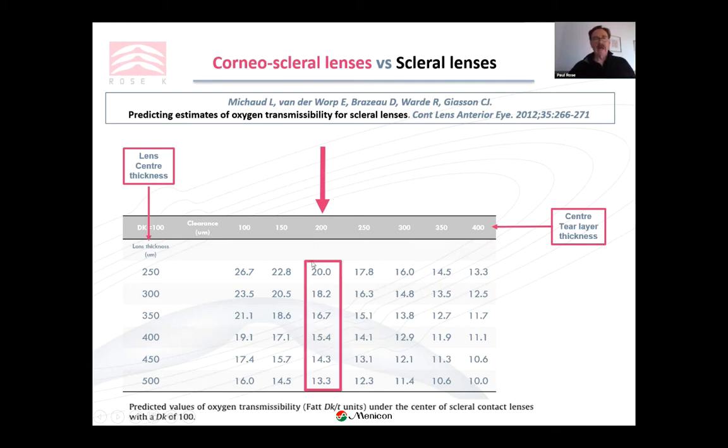The amount of oxygen available to the cornea in Dk/t units is listed for each one of these lens thicknesses. When we look at the Holden-Mertz criteria and the Harvard-Bonanno criteria, neither of these two criteria are met for daily wear under a scleral lens.